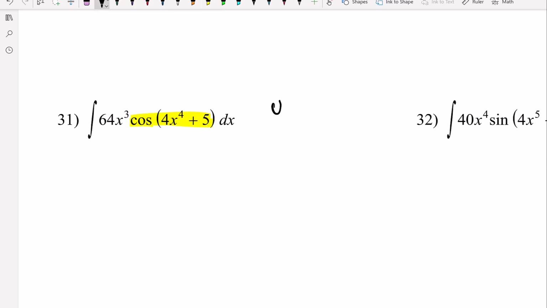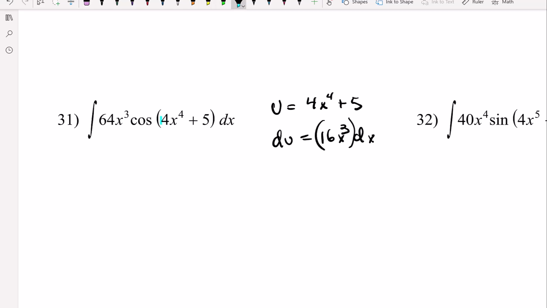I believe that is going to be our u. Well, actually, our u is going to be 4x to the fourth plus 5. Our du is going to be 16x cubed dx. Well, here's the dilemma.